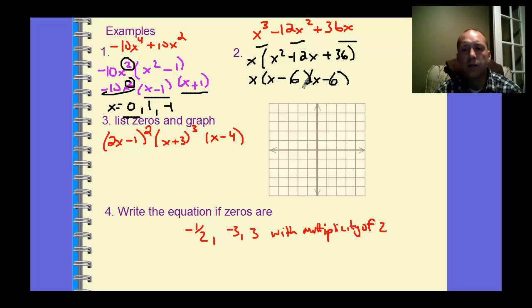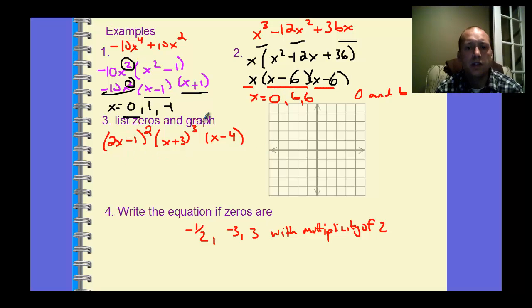So these multiply to be 36, and they add to be negative 12. Now that's the factor form. Now we have to find the solutions from that. So again, set each factor equal to 0. So I find that x is 0, 6, and then 6 again. So I could just say 0 and 6, realizing that 6 again is a double zero.